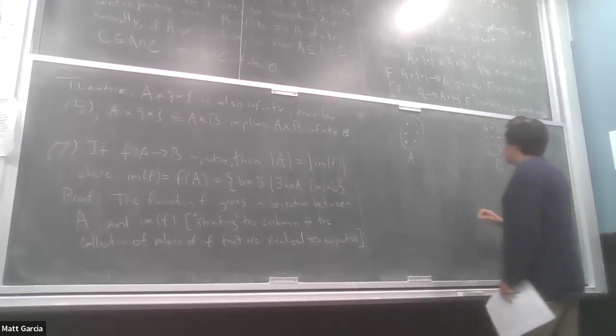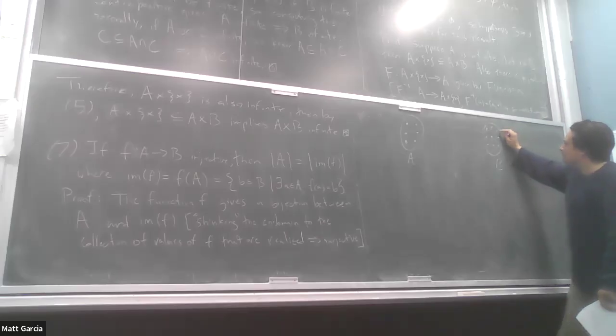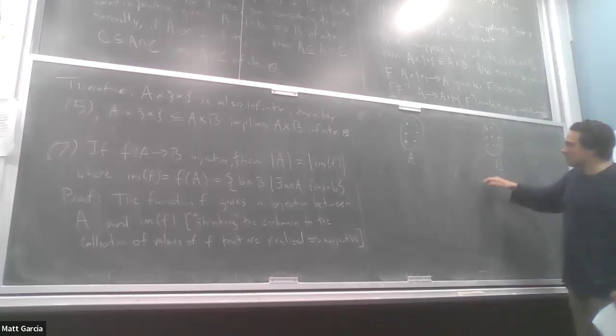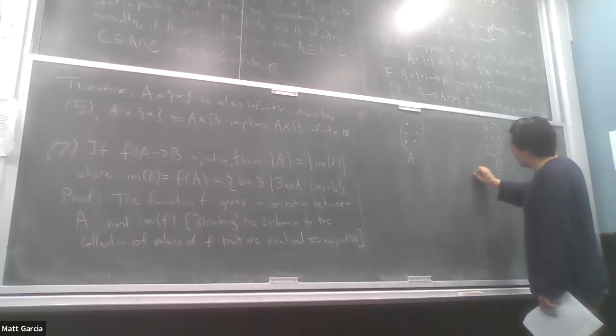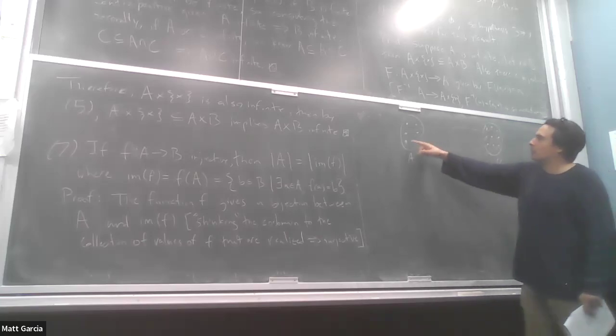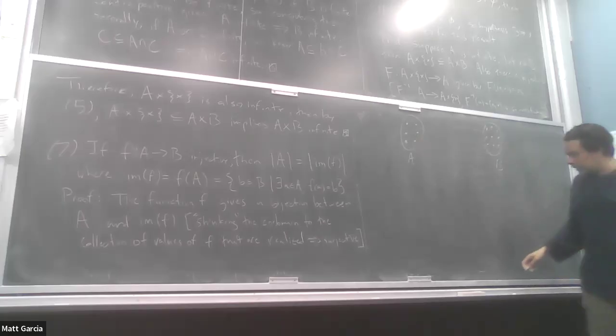All these red arrows are F. Then there's a bunch of elements of B that don't get hit, right? So this is injective, just by virtue of how I've drawn it. There's no two elements of the domain that get mapped to the same element of the codomain.